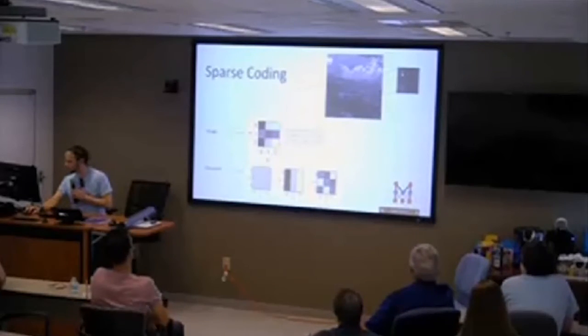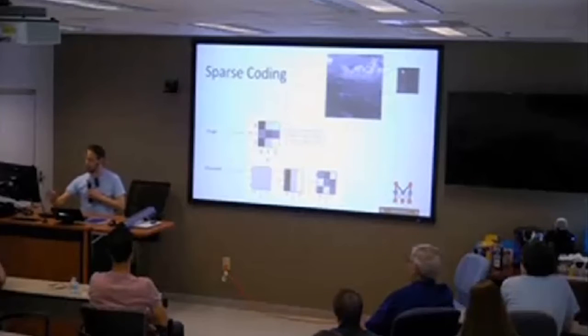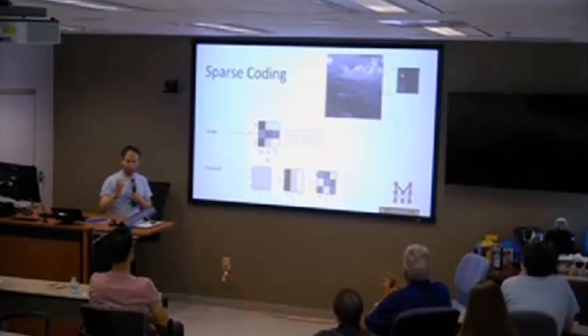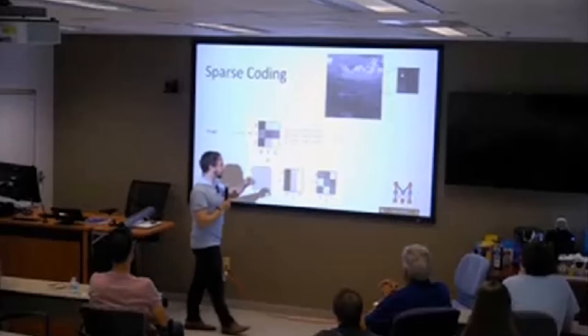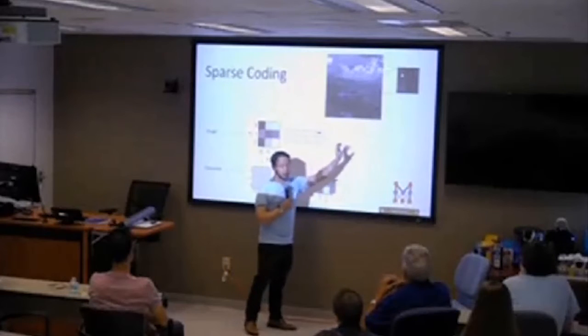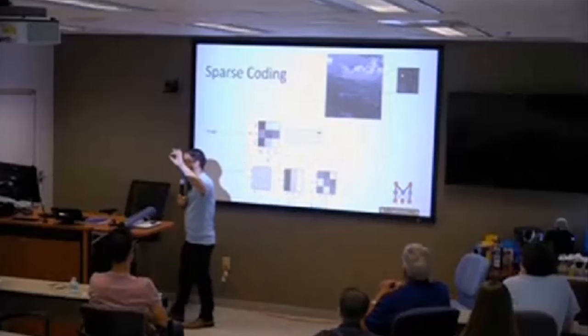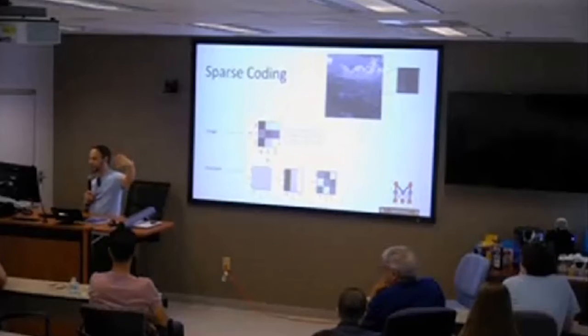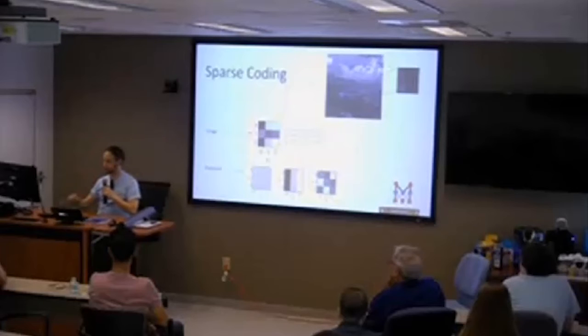Imagine we just want to try to encode a set of patches that are 3 by 3. That's just what I'm showing you here. So let's say we're going to train our model on a few natural images. Unlike a lot of machine learning, you don't necessarily need tons and tons of examples, because you can get lots of samples from a single image.